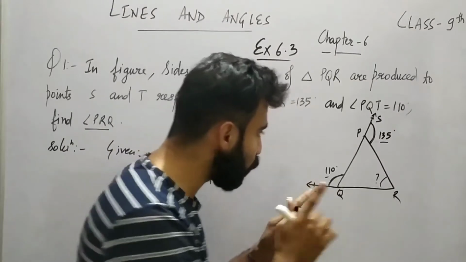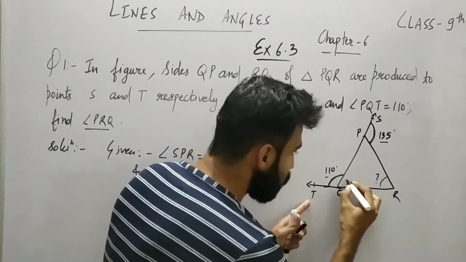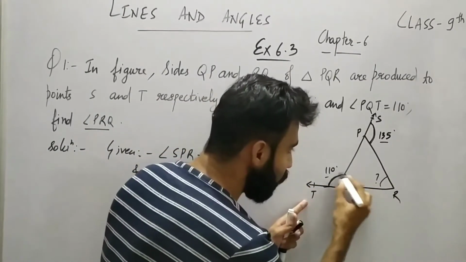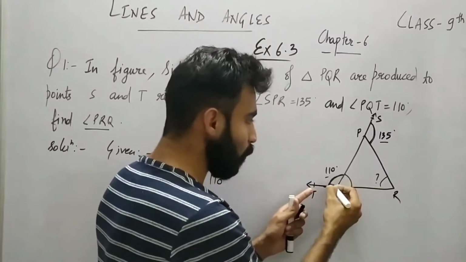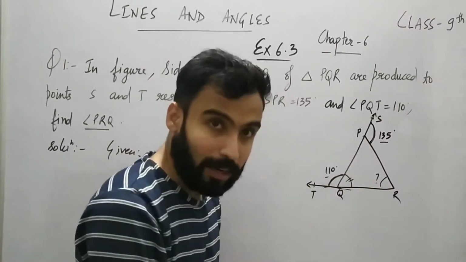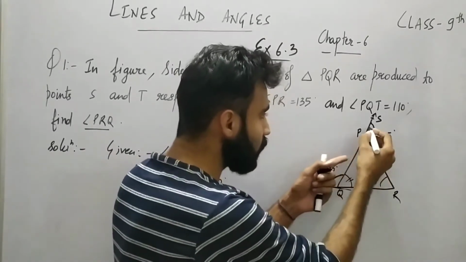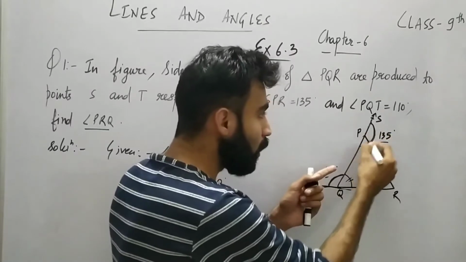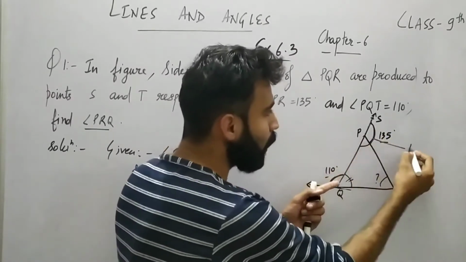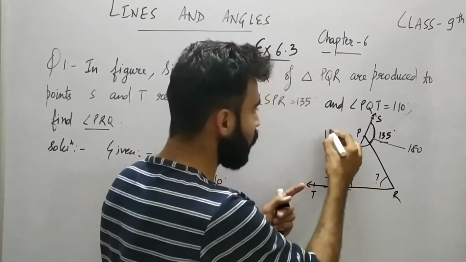Now one thing for sure, this is a straight line, so they will form a 180 degree angle, right? So if I simply subtract 110 from 180, I'm going to get this angle. And a similar thing exists here. That means this is also a straight line, forming a linear pair, so it is also 180 degrees.